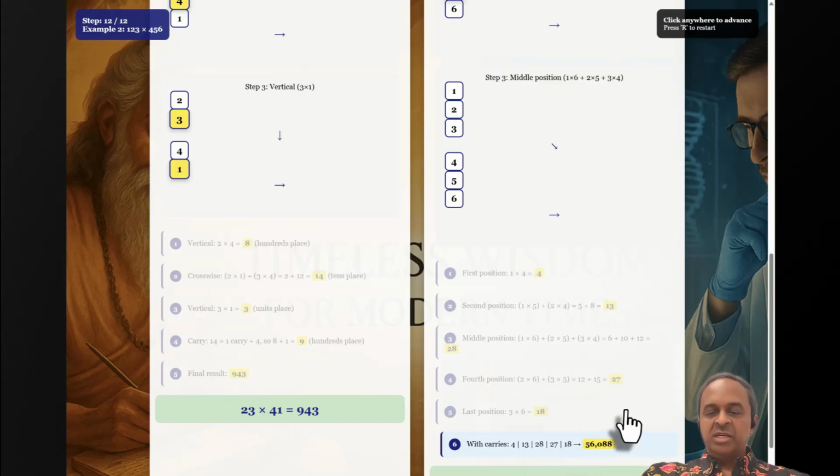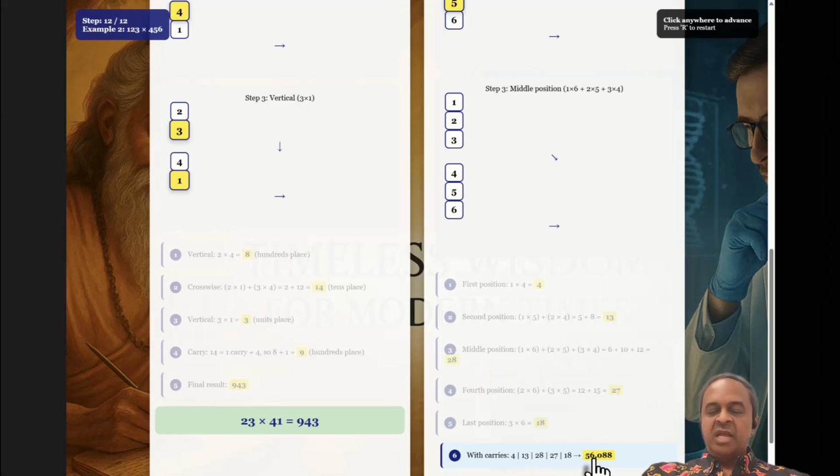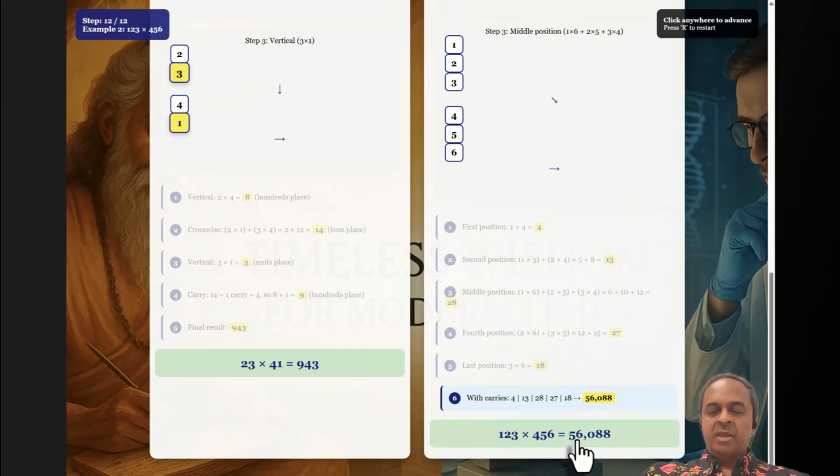You start with 18, put 8, and you have 1 carryover. So you bring the 1 over here, that's 28, put 8, and then the 2 carryover. Add this to 30, that's 0, then 3 carryover, that's 16, so 6, and then 1 carryover makes 5. So the answer is 56,088.